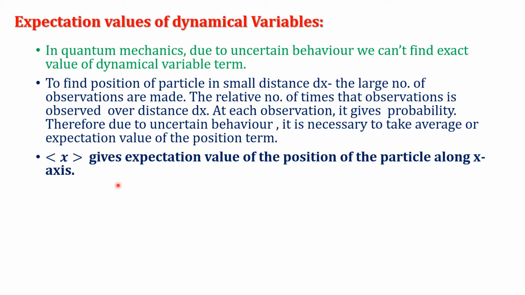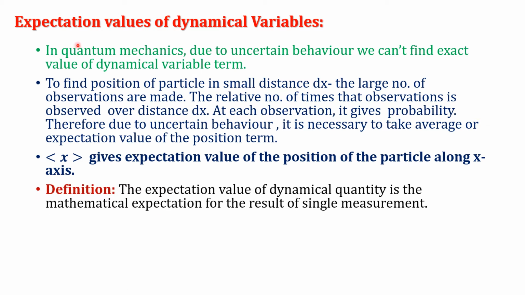Now, what is the definition of this term, the expectation value of a dynamical variable? The expectation value of a dynamical quantity is the mathematical expectation for the result of a single measurement.